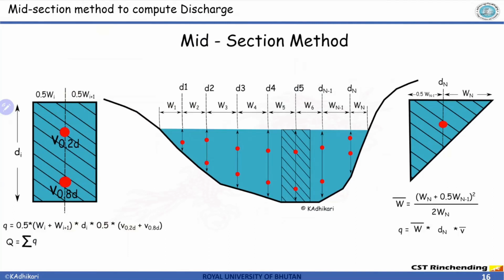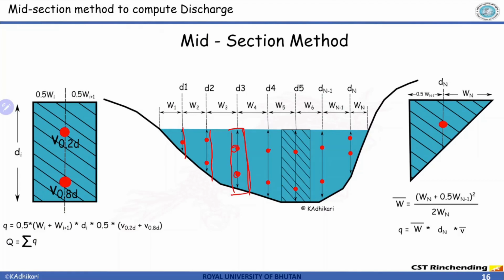So I was explaining to you about the midsection and the mean section method. So this is the midsection method, okay? In this method, as you can see, we divide the cross section into various sections, and these heights are the chosen heights where the velocity measurements are recorded.